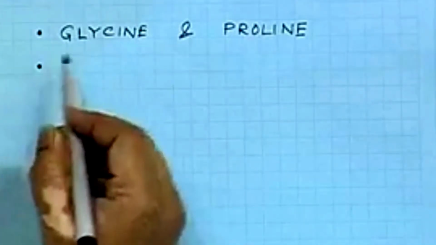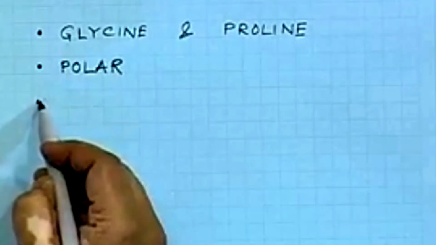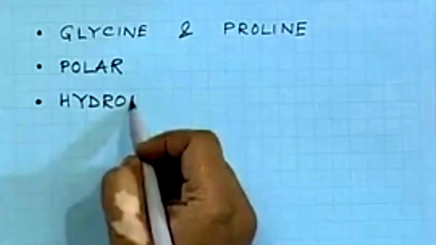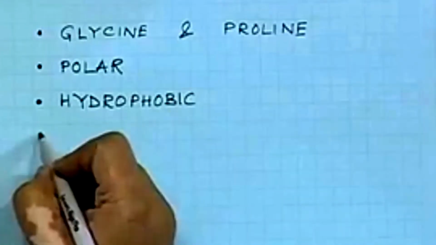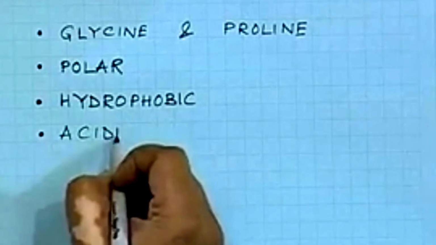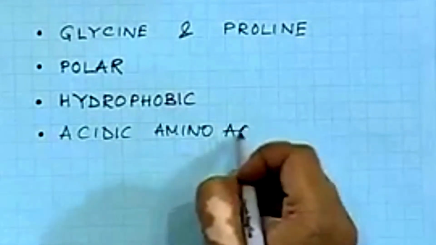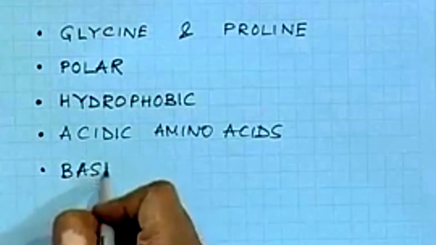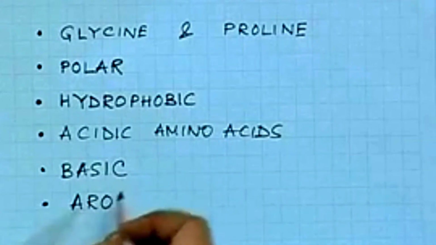We have also other polar amino acids, we have hydrophobic amino acids, we have acidic amino acids, and we have basic amino acids.